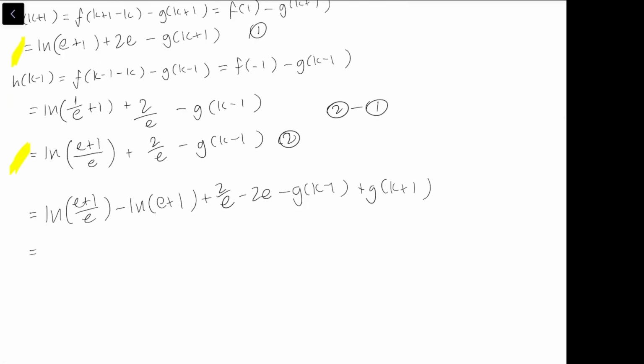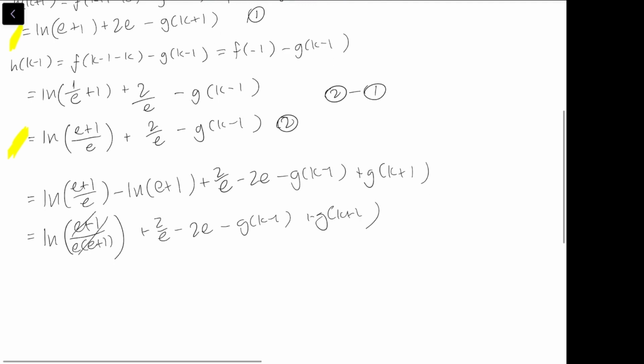Let's start by simplifying the first half. Using the law of logs, this is simply ln of (e plus 1 over e plus 1 plus 2e) minus 2e minus g of k minus 1 plus g of k plus 1. And that just cancels to get 1 over e. Using the fact that ln is just log base e, we get negative 1 plus 2e.